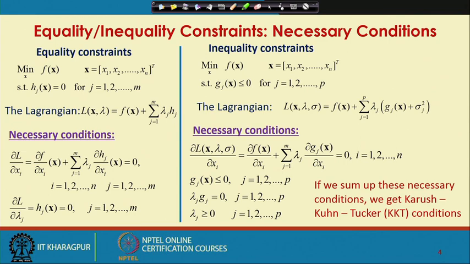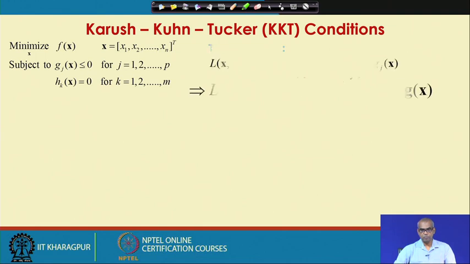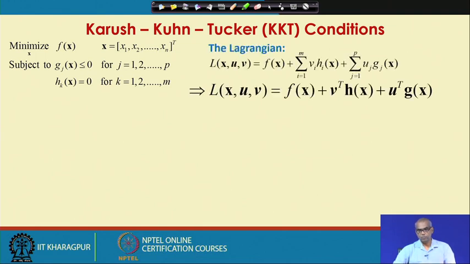So, now let us look at a problem with an n variable objective function, p inequality constraints and m equality constraints. Define the Lagrangian.